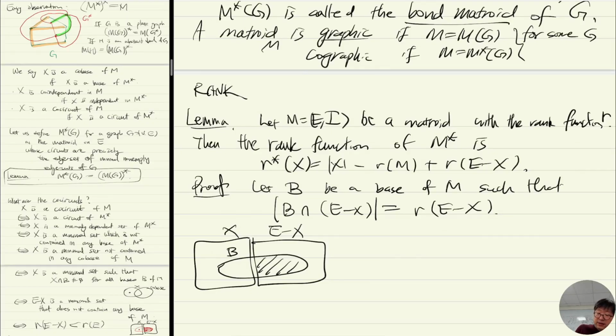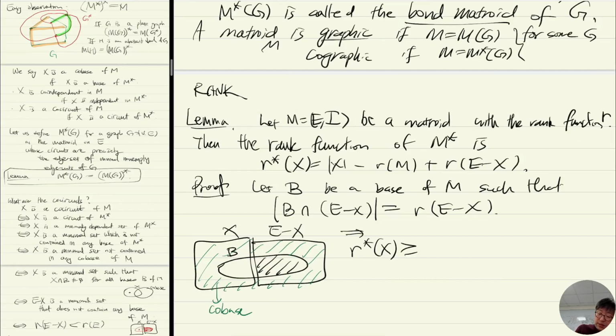Now, this implies something about the rank of the dual matroid. I know that the complement of B is a base, so this is a base of the dual matroid. Right?